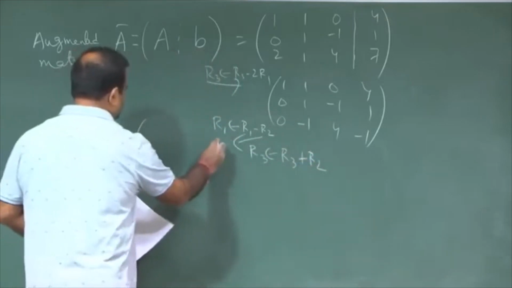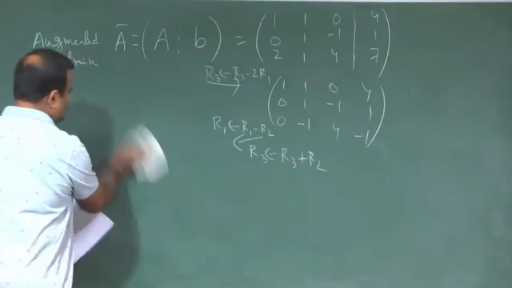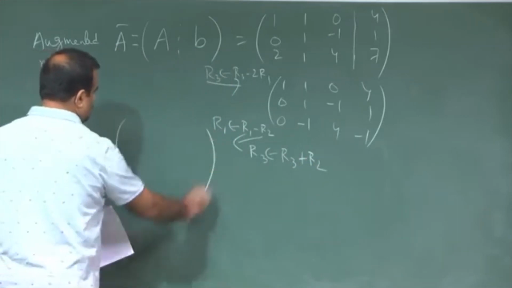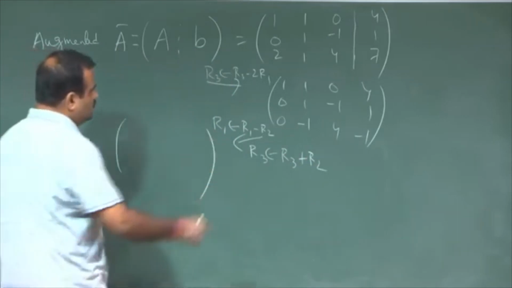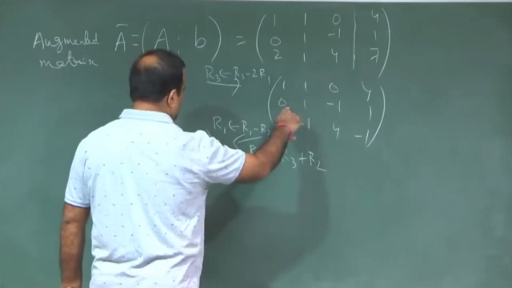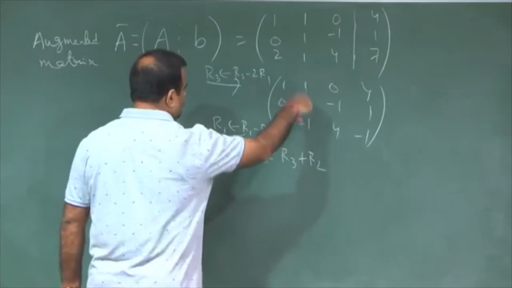So this will give us what? So we are just doing R1 goes to R1 minus R2.